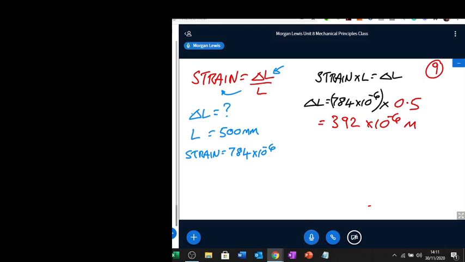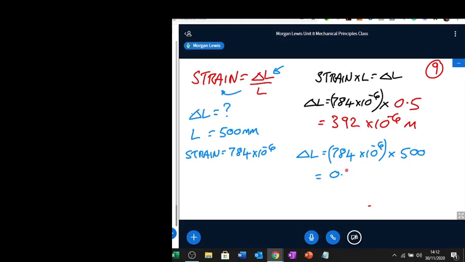You could also, because it might make a bit more sense, multiply that by millimeters, and it comes out in millimeters. Because it's so small, if I multiply that by 500 millimeters, it's going to come out in millimeters. It makes it a bit easier, because I can picture what a millimeter looks like compared to what a meter looks like.